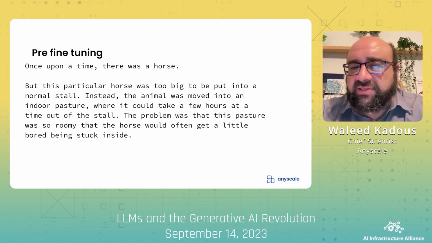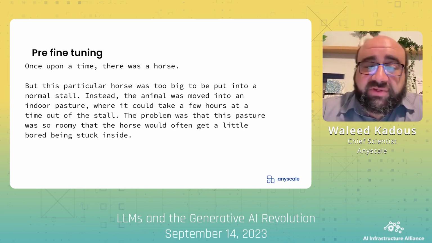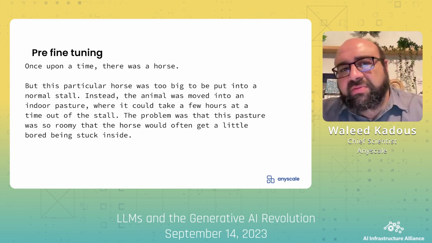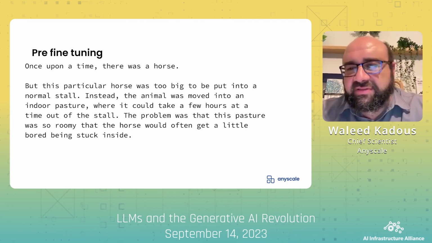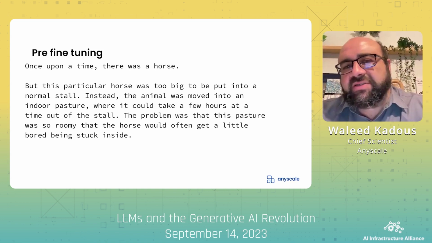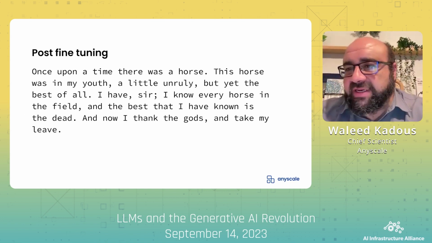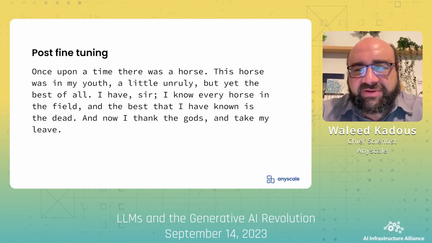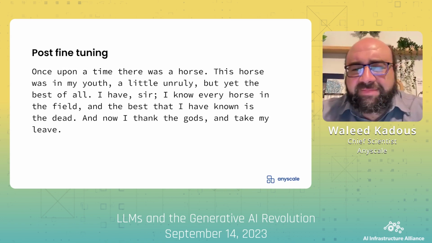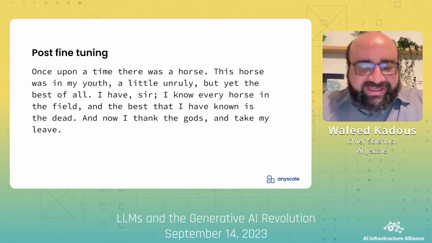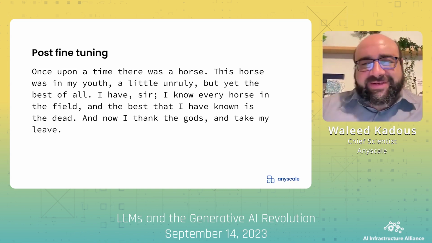Let's say that I had a story that starts with "once upon a time there was a horse." The model before fine-tuning produces English that you might find in a storybook, right? After we apply fine-tuning by feeding it lots of examples of Shakespearean text, you get text that feels a little bit more medieval: "I know every horse in this field and the best that I have known is the dead." That type of feel to it, right?